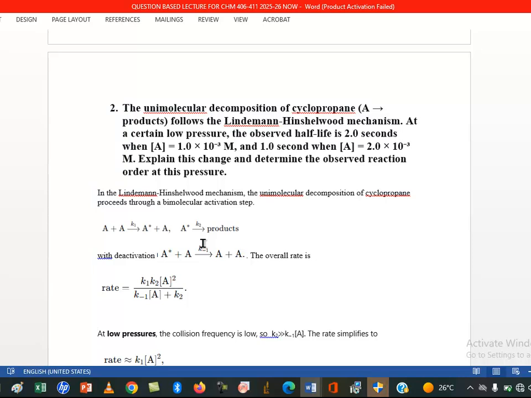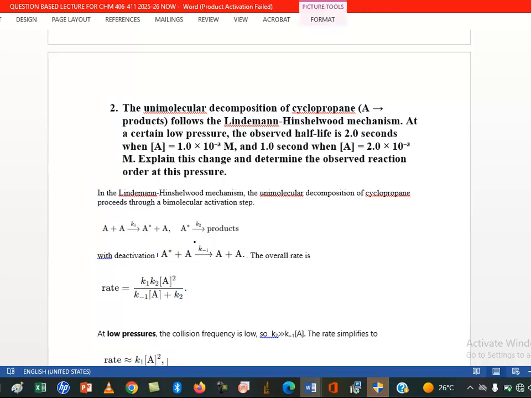So what we can do here is cancel this k-1[A]. And then what are we left with? We are left with k1 k2 [A]^2 over k2. And so what do we get? k2 cancels k2, and we are left with k1 [A]^2.